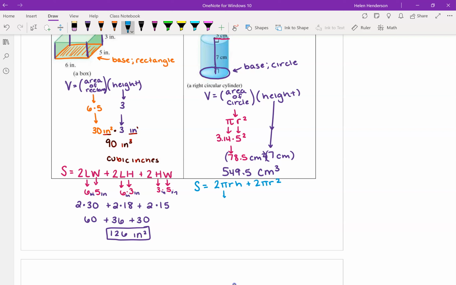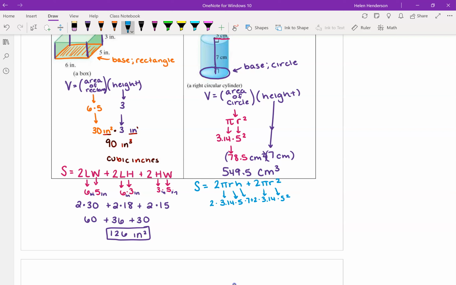Remember, we're replacing pi with 3.14, we're replacing r with 5, and we're replacing height with 7. So 3.14 and then 5 squared, and we're going to times all those by 2.